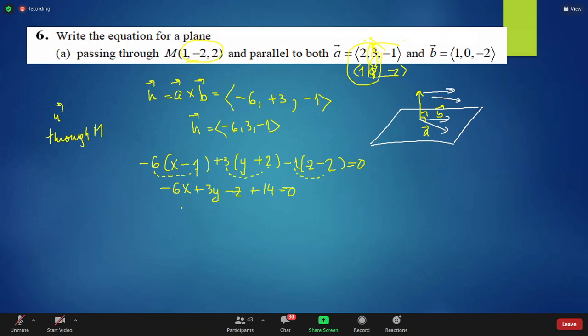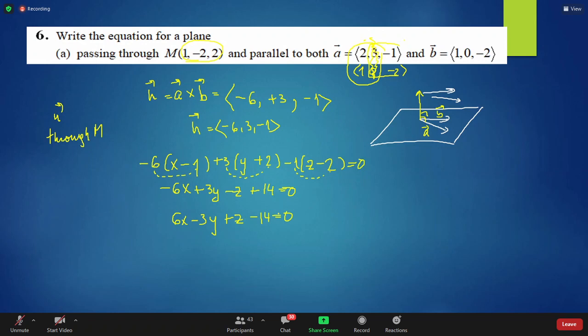And if we don't like to start the equation with a minus sign, we can just as well change all signs if you like, multiply the equation by minus 1. If you prefer to start the equation with a plus sign, then you can simply change all the signs in the equation to opposite. Also, if you find, for example, that the normal vector has all coordinates even numbers, divisible by 2, yes, we can divide everything by 2.